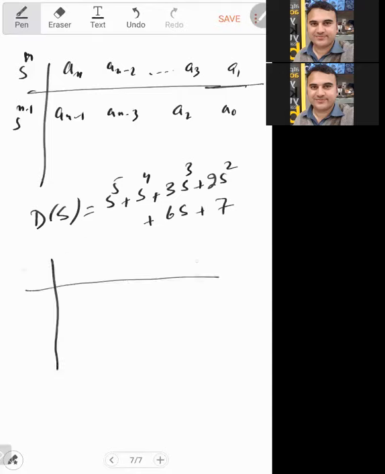We start with s^5, then s^4. So the coefficient of s^5 is equal to 1, s^4 is equal to 1, s^3 is 3, s^2 is 2, s^1 is 6, and s^0 is 7. At the end you can also place these two zeros if you like. So we form the initial table.